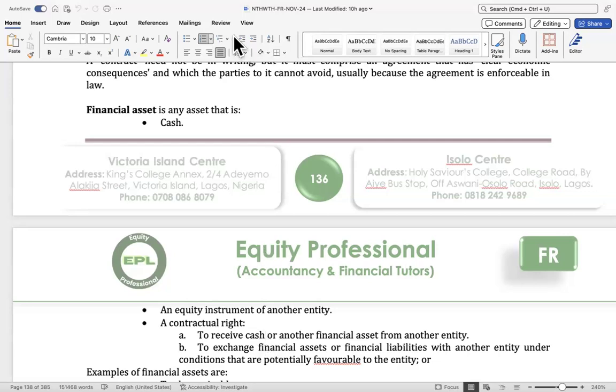Yes, I agree with you. You paid rent in advance. Prepaid rent. So can you classify that as a financial asset? No, sir, it won't fall under it. Why? First, it's an asset. Because there is no right to receive cash, equity instrument, or contractual right to receive cash. It doesn't fall under the definition of financial assets.